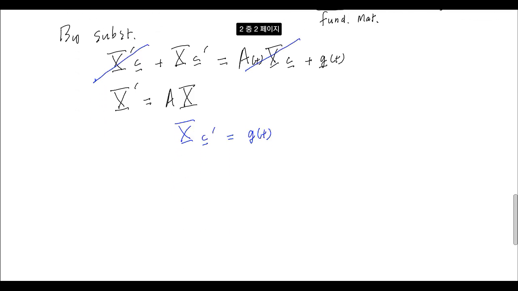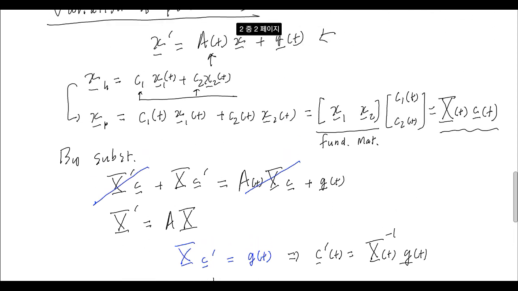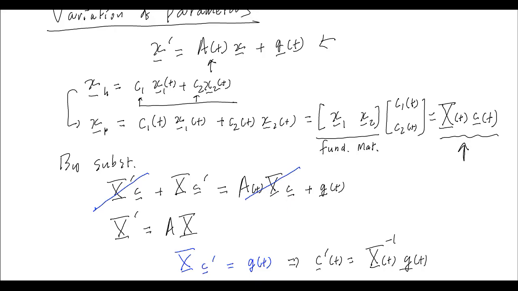Now from here we can get c prime of t equal to X of t inverse g of t. We can integrate to get c of t, which is the integral of X(t) inverse g(t) dt. Then we go back to where we started: xp is given in this form, and we know what c of t is.